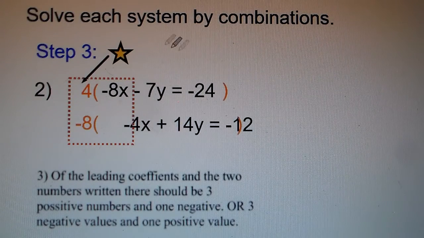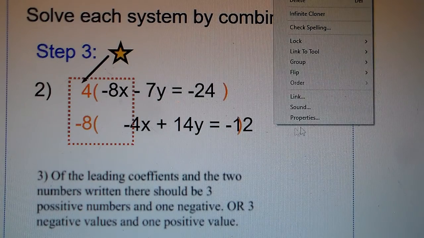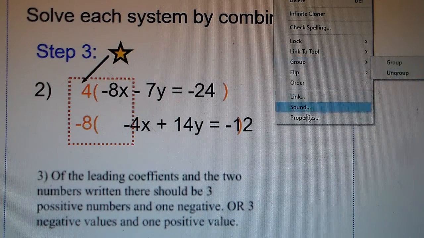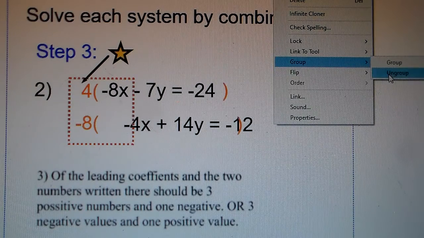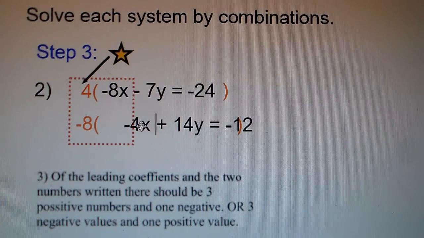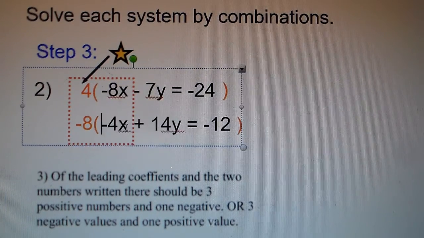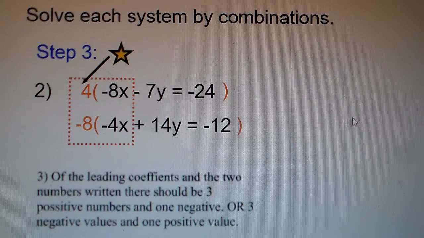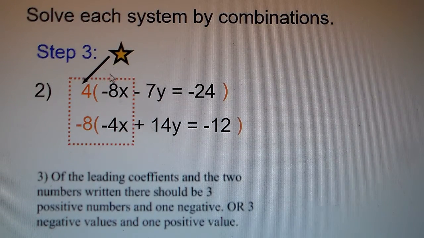Step 3, which is the key thing to do here: we have to make sure that we have 3 negatives and 1 positive, or 1 negative and 3 positives.